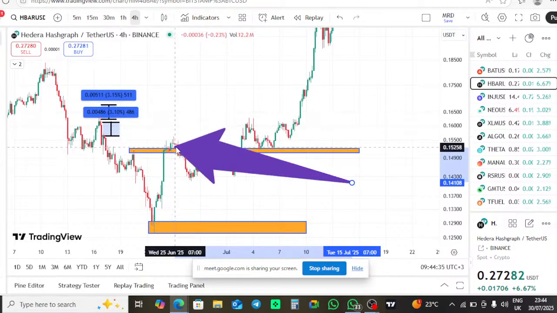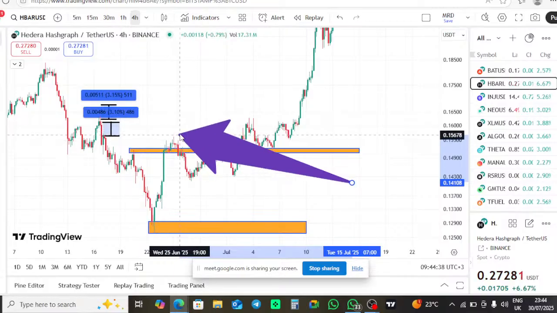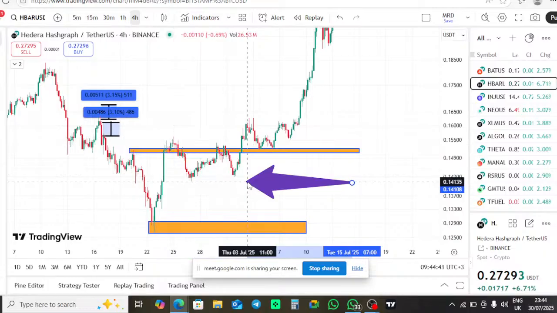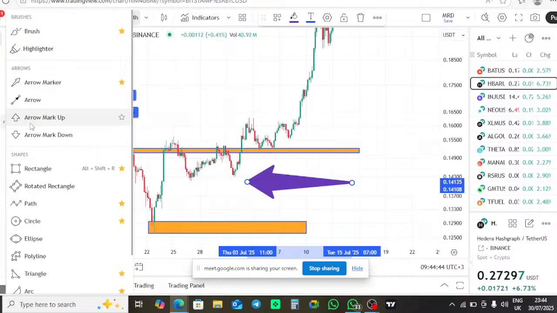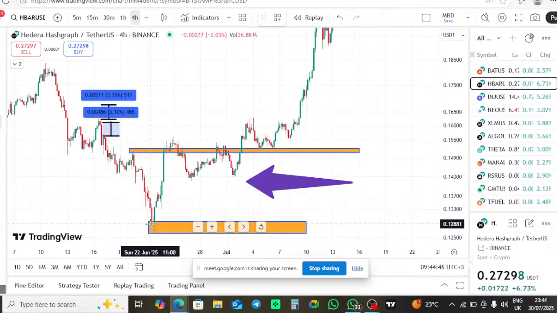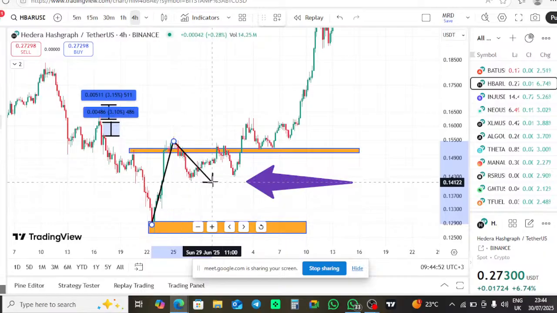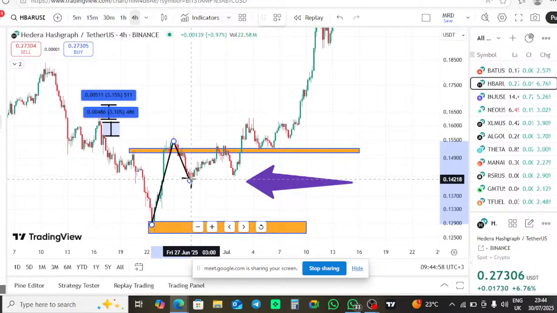But we can see the rejection around this top, the market dropped. And that's what I told you. If we drop and we fail to come back here, just know something is coming. And don't expect this market to come back again.